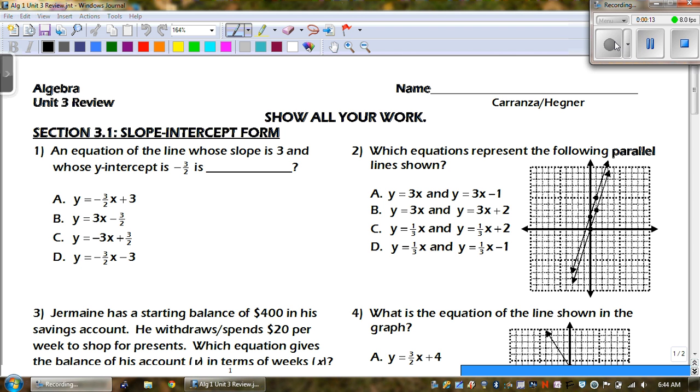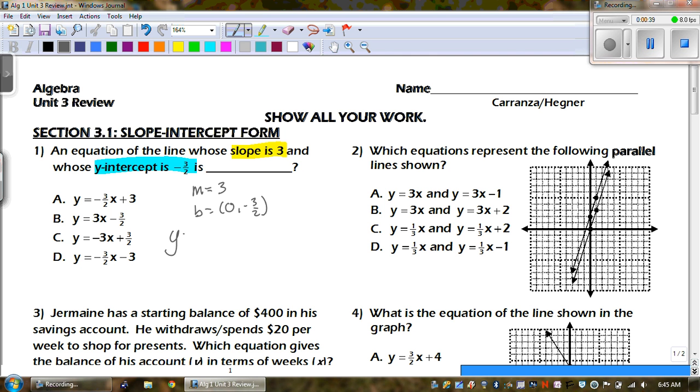Question number 1 says an equation of the line whose slope is 3 and whose y-intercept is negative 3 over 2. What I want to do real quick is rewrite what it's saying. My slope is 3, and our y-intercept is negative 3 over 2, so that means it's (0, negative 3 over 2).